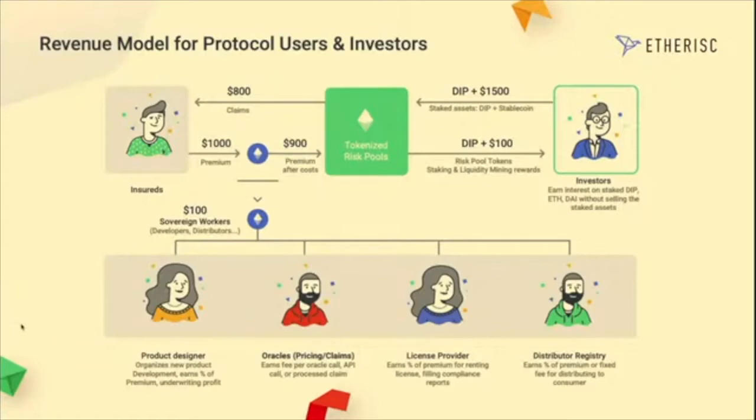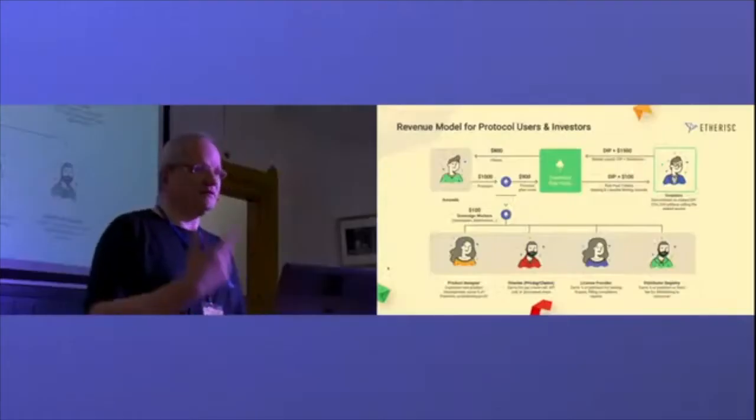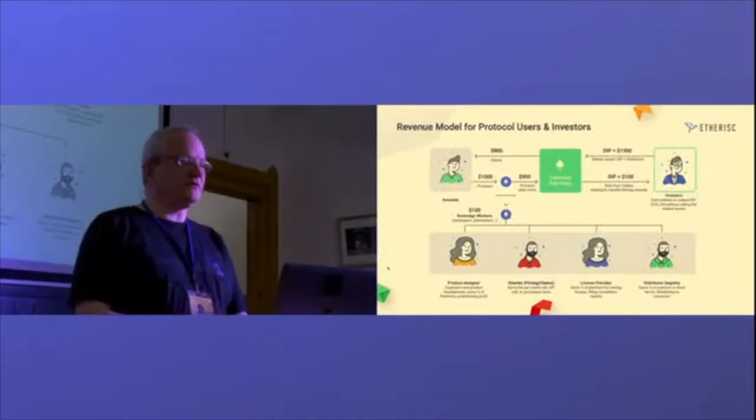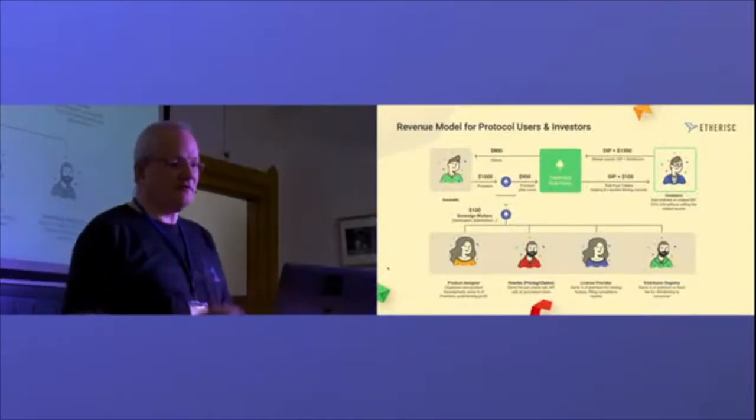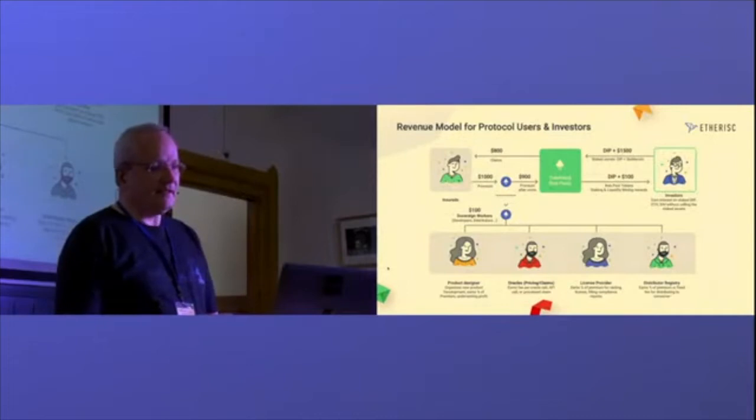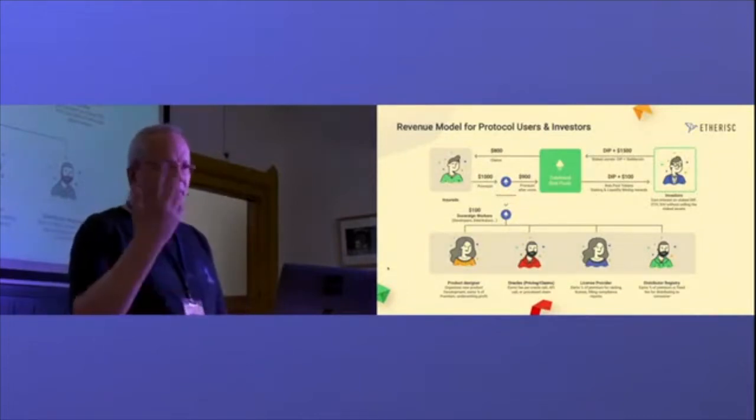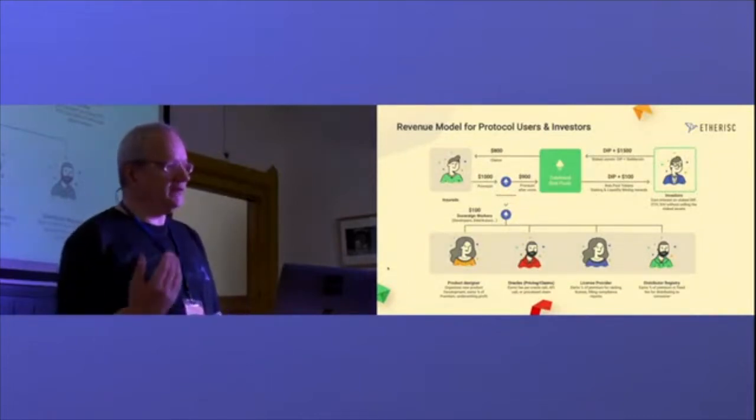Today we will explore what the internal structure of these risk pools looks like. The risk pool is funded by investors who, obviously, are not doing this for altruistic reasons or just to lose money, but of course expect to earn money. They earn money by providing capital and receiving revenue for locking their capital for a certain period of time.